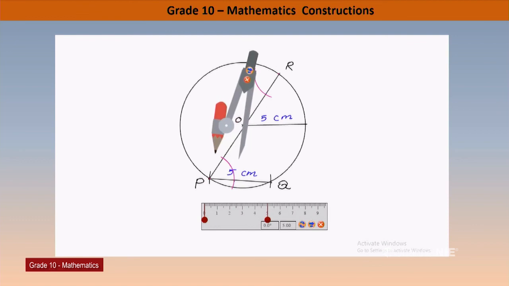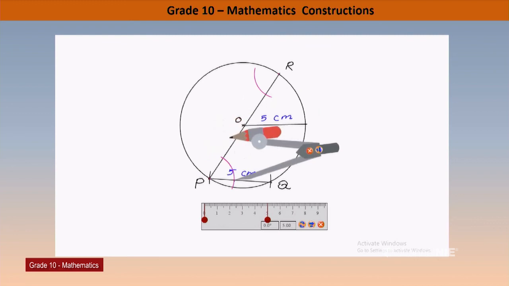Let us measure the distance between the 2 points on that arc because we want to copy the same angle on R. Here we have found the distance between the 2 points.